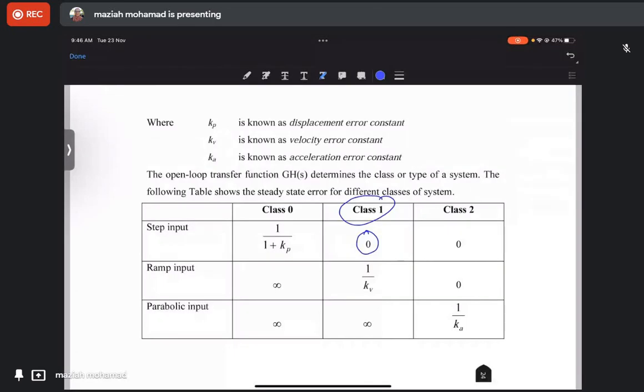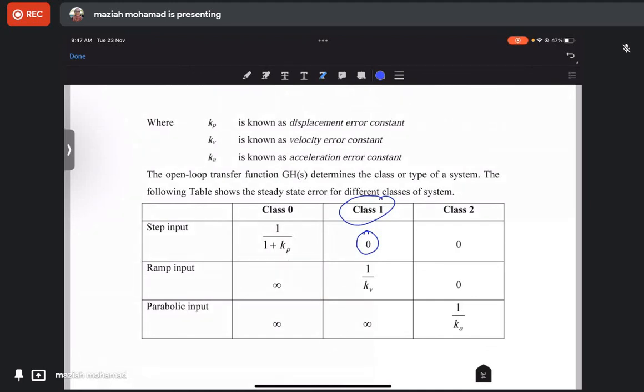Okay, it will be similar to class 2, 3, and 4. The higher the order, because there will be an s term at the bottom, multiplied with s square, meaning you need to multiply with 0. So the Kp will always become infinity, and the error will always become 0. As for class 0, there is no s to be multiplied with, so it will have a value.